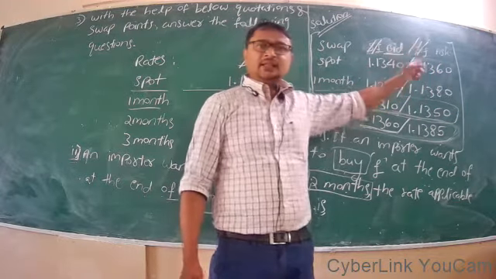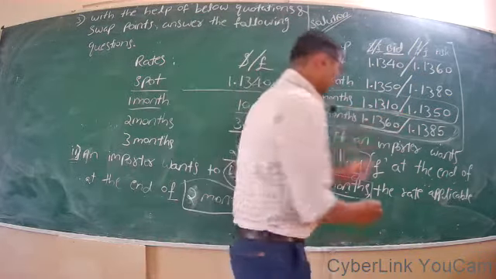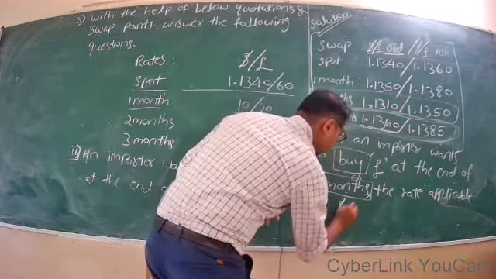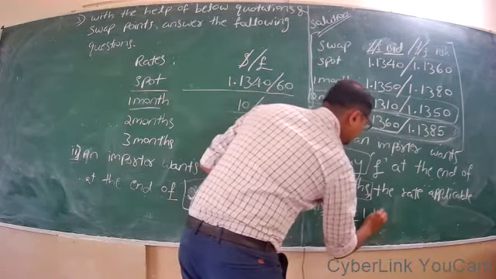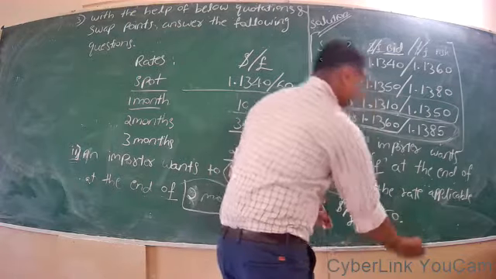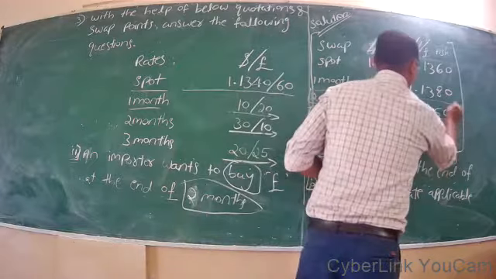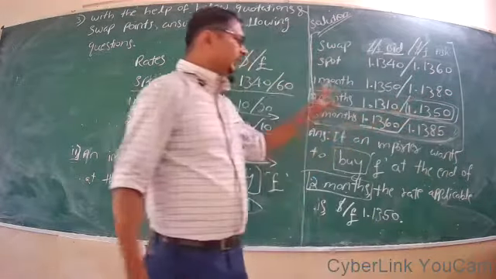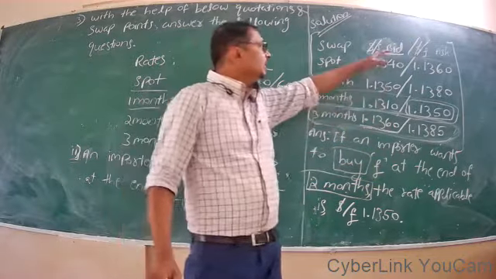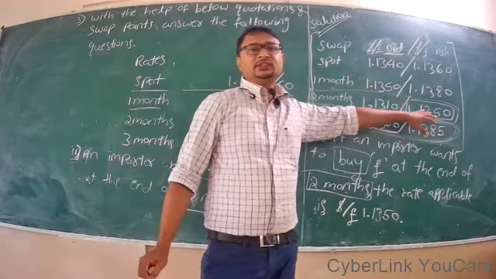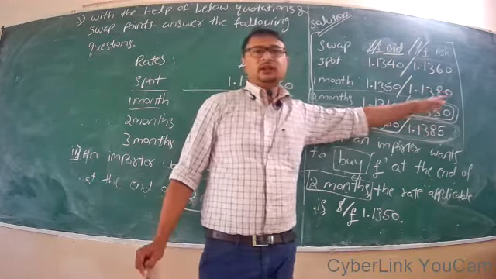Selling price means the ask price of the banker. So the ask price in the 2 months is 1.1350 dollar per sterling pound. The rate applicable is the ask price of the 2 months, because if an importer wants to buy, that means the banker is selling at this rate. Banker is selling sterling pound at 1.1350 dollars.